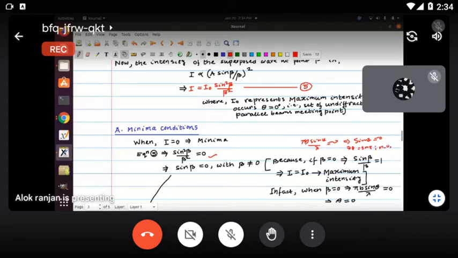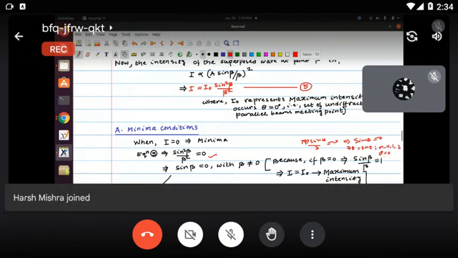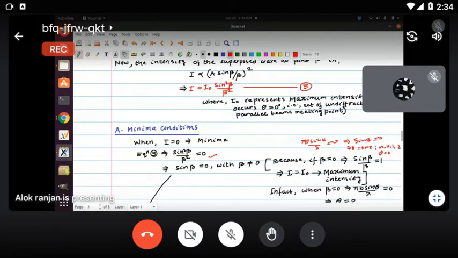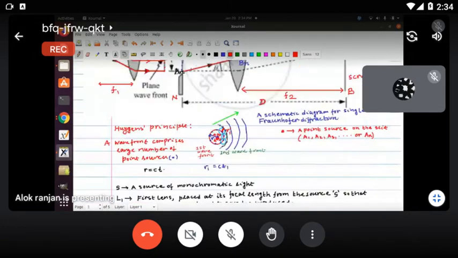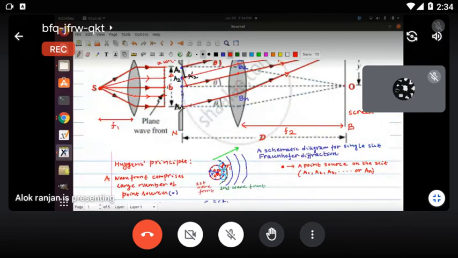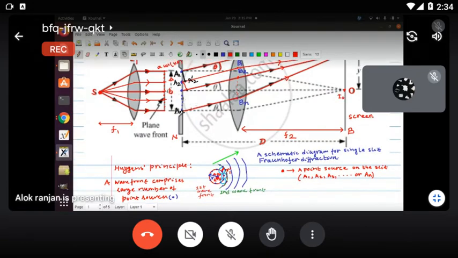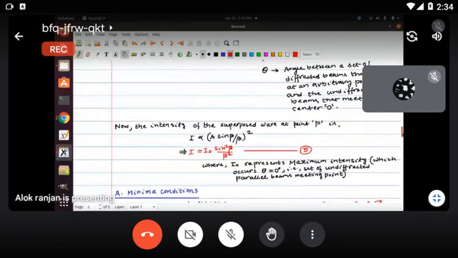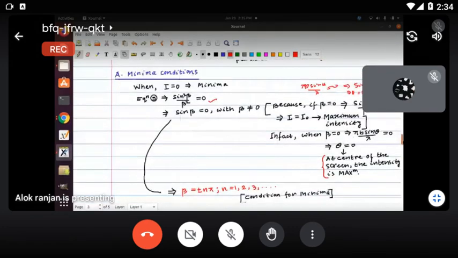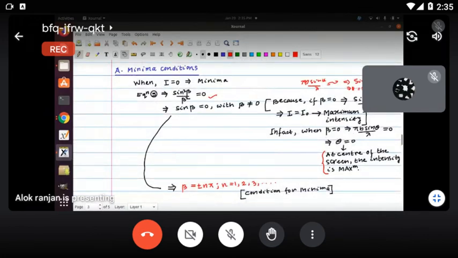Provided n equals 0, 1, 2, and you can see that when theta equals 0, that means the set of undiffracted beams will lead to the maximum intensity. Hence, what we observe at the center of the screen is theta equal to 0, where the intensity will be maximum, I naught. Is it clear to everybody? Yes, sir. Okay. So at the center of the screen, the intensity is maximum.